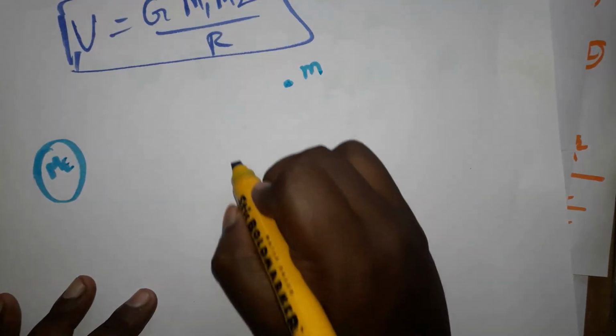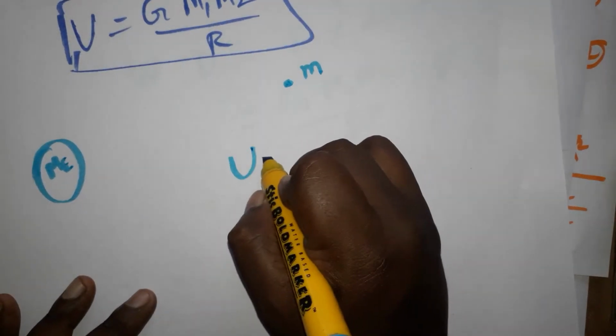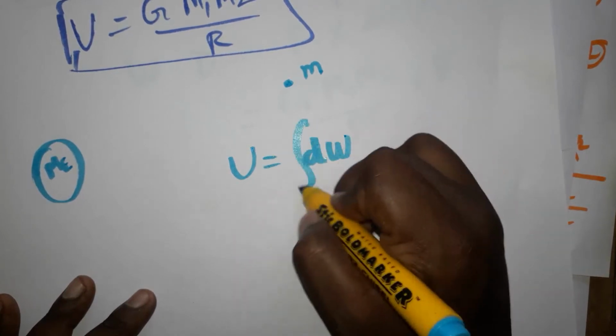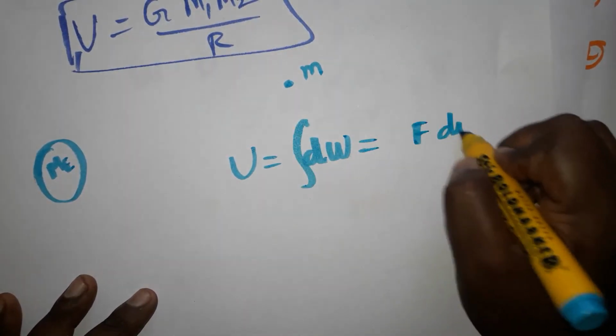So the gravitational potential energy is going to be the work done. Work done is equal to force into displacement.